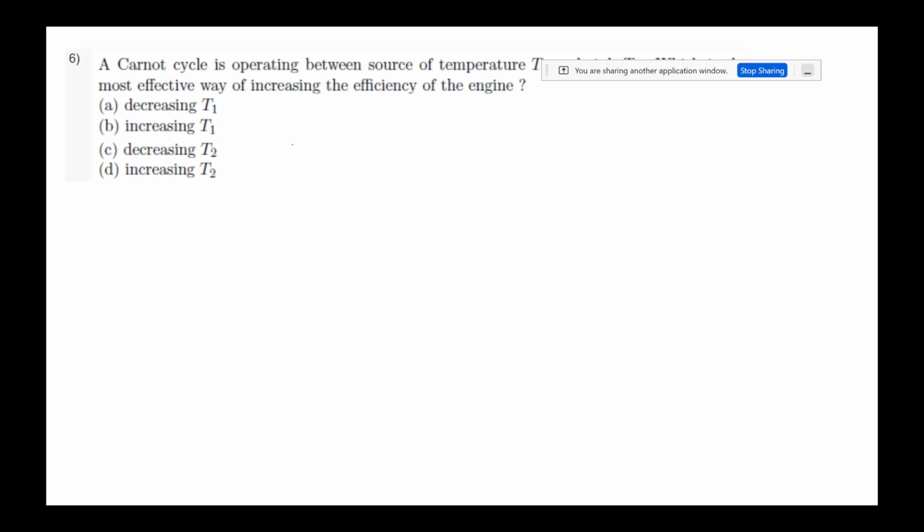The efficiency of the engine, that is eta, is 1 minus Tc by Th. Tc is the temperature of the cold reservoir, Th is the temperature of the hot reservoir, right?